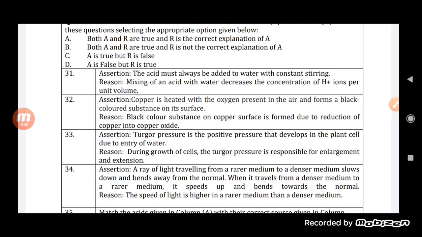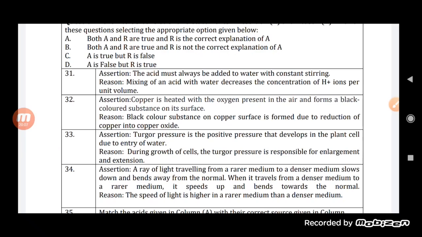Now the next one is, turgor pressure is the positive pressure that develops in the plant due to entry of water. During growth of cell, the turgor pressure is responsible for enlargement and extension. So basically turgor pressure is what? It is the pressure that develops in the plant cell, and it occurs because of the entry of water.